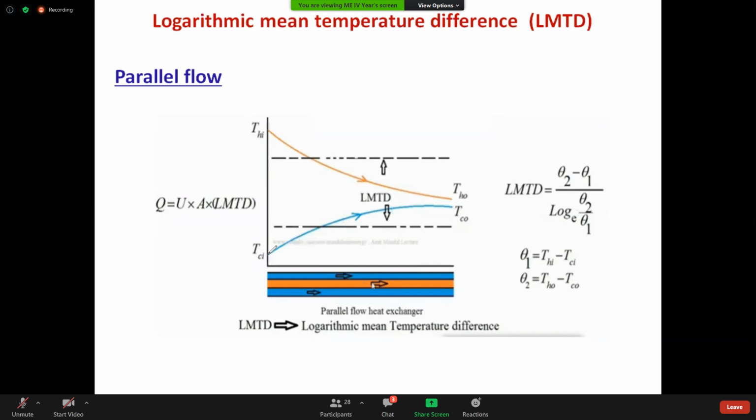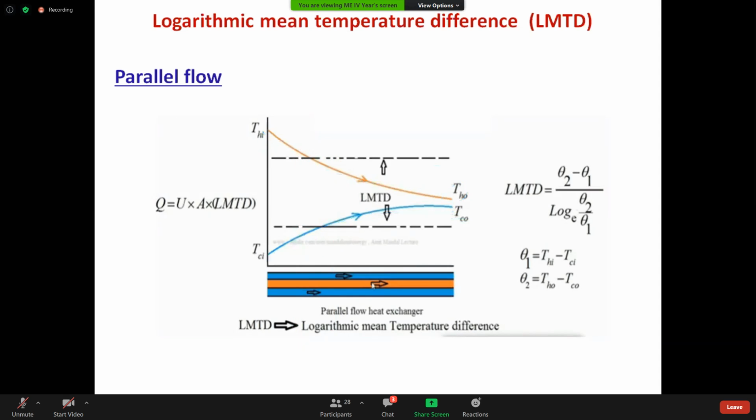The cold fluid attains heat and its temperature increases, while the hot fluid reduces in temperature throughout the length, not only at the outlet. I don't know what this length is, but throughout the length there is a decrease in temperature for the hot fluid and an increase for the cold fluid. Again decrease, again increase, like that it happens throughout the length.